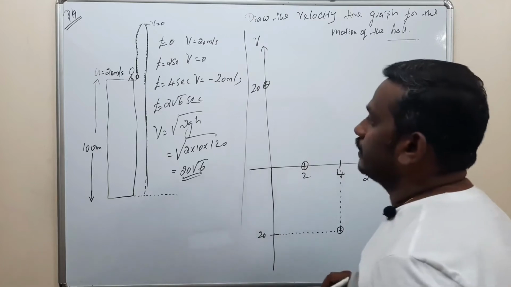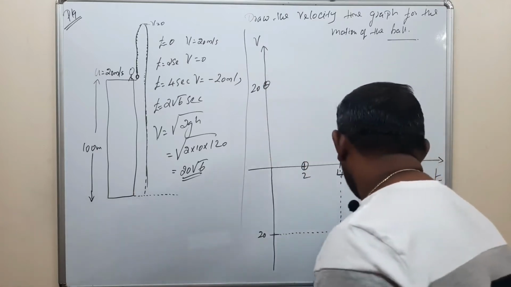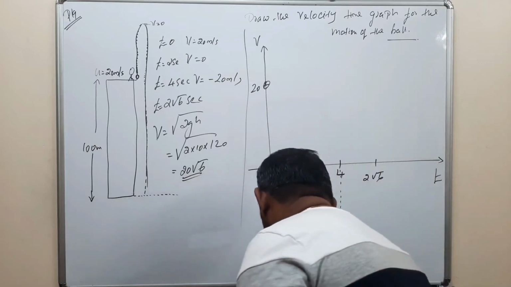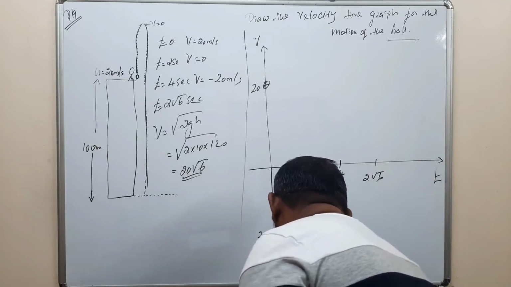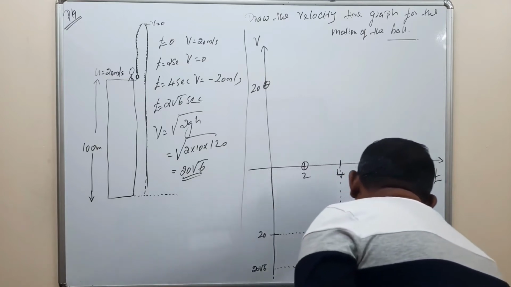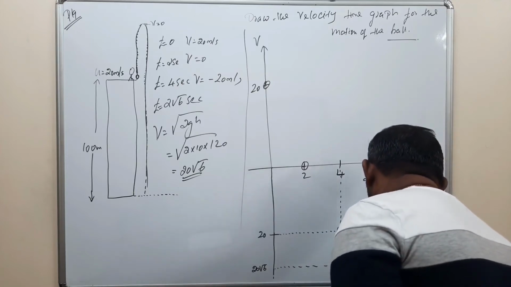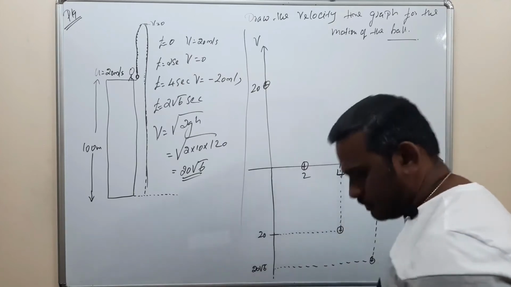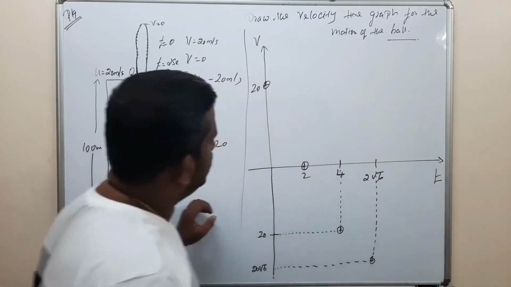At t equals 2 root 6, the velocity is minus 20 root 6. So connecting all these points, you have to draw the graph.